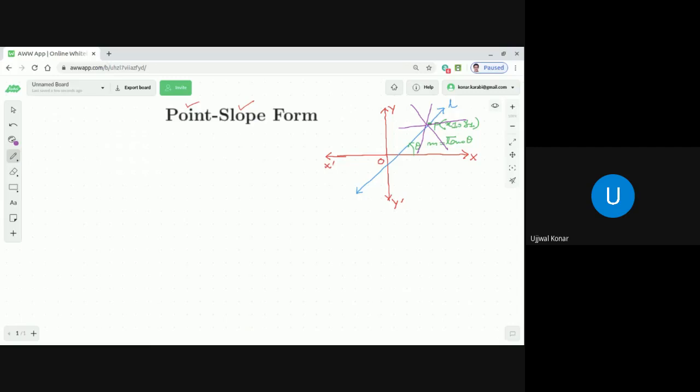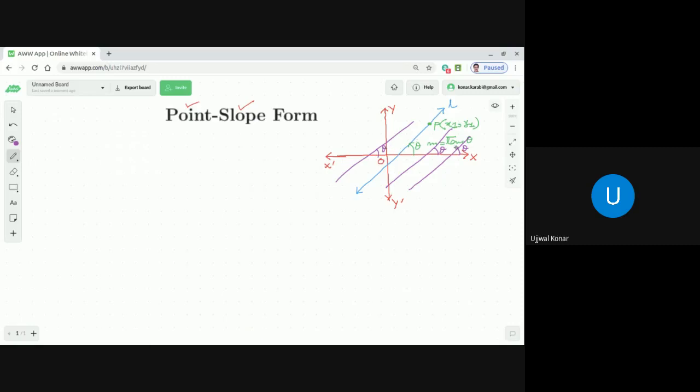On the other hand, if only the slope is given, that is theta, then also we can have multiple straight lines parallel to the initial line. This straight line, this straight line, this straight line all have the same slope m, because all make the same angle theta with the positive direction of the x-axis.